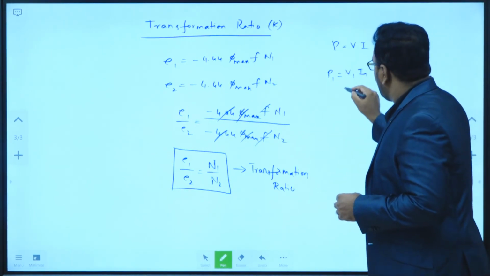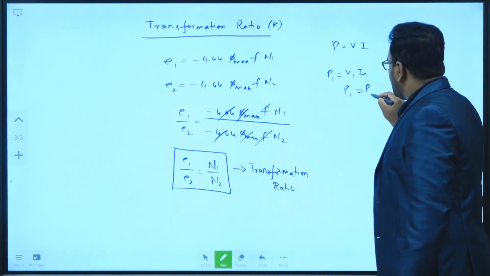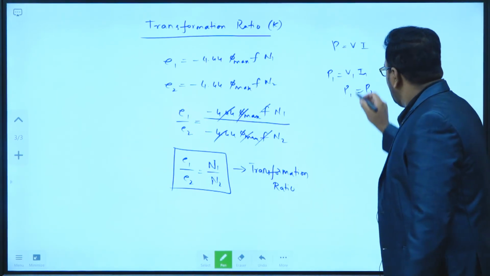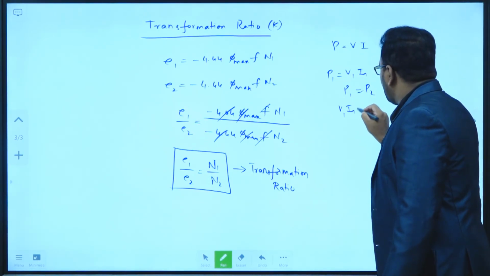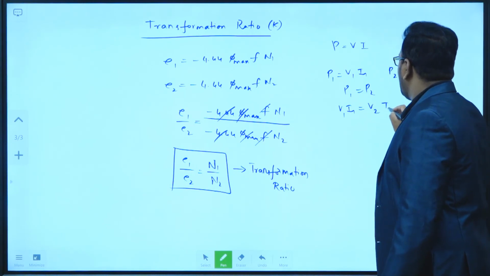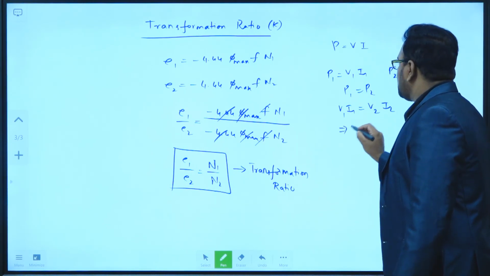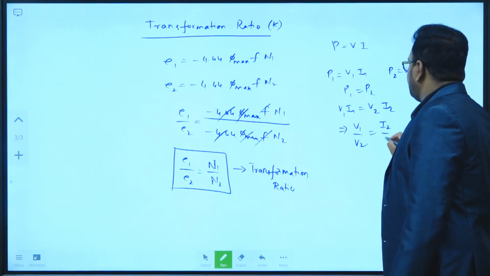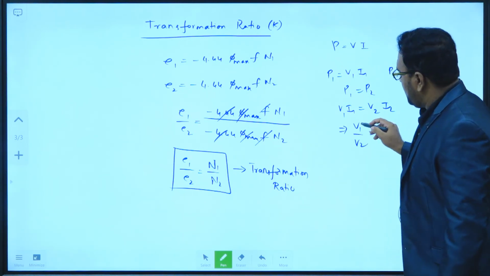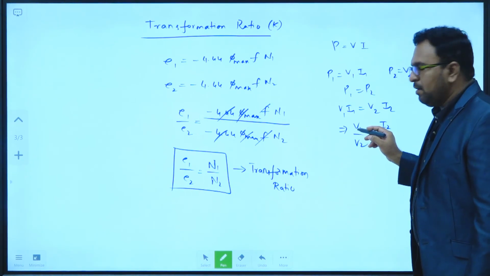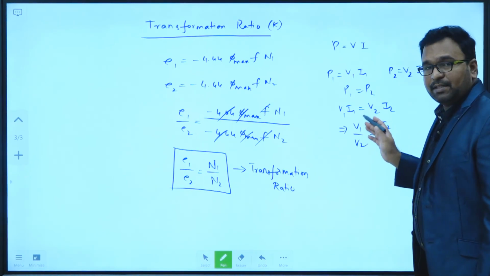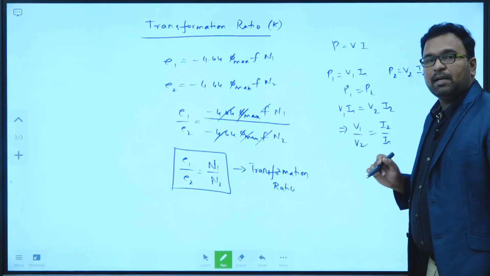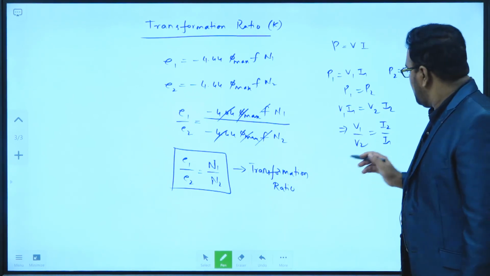That means P1 is equal to P2 in case of a transformer. If you equate the equations, V1 I1 is equal to V2 I2. From this, V1 by V2 is I2 by I1. That means the voltages in the windings are inversely proportional to the corresponding currents in their windings.